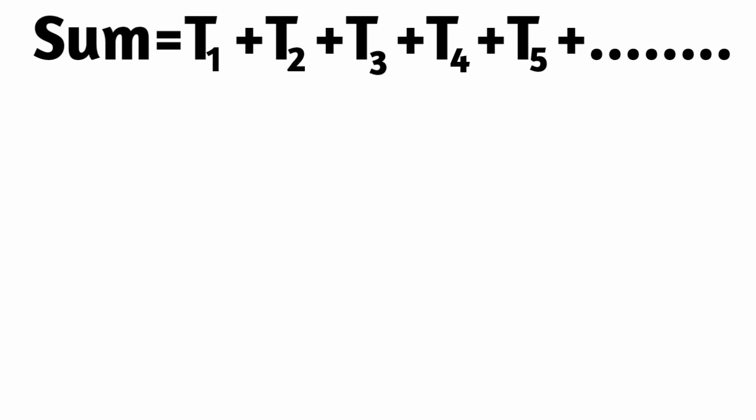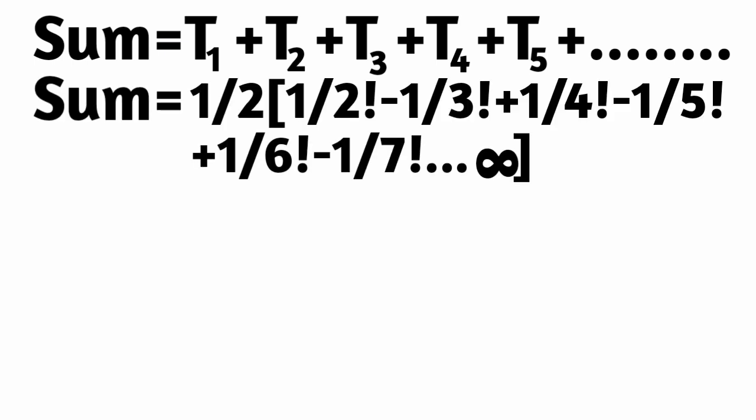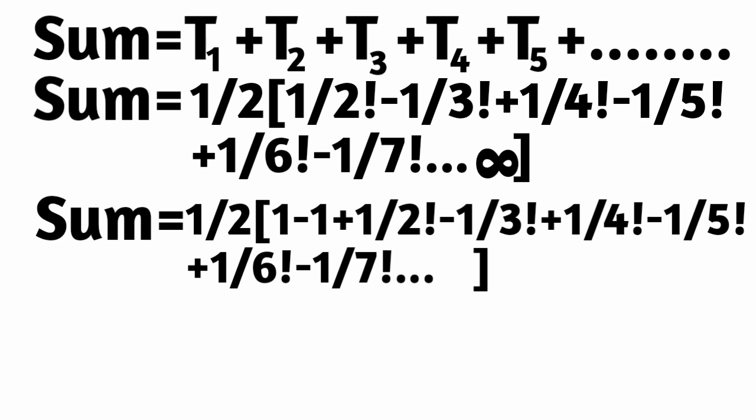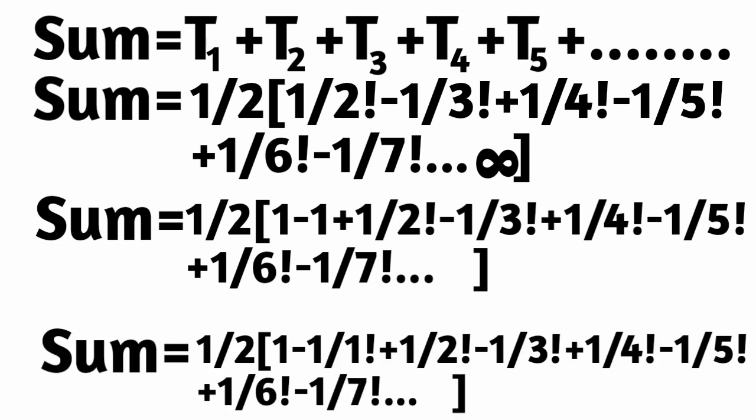By adding these terms we can make the above series into a very simple form, and we can also find the value. Now putting the values of t1, t2, t3, t4, t5 and so on and taking 1 by 2 common, the above series can be written as follows.